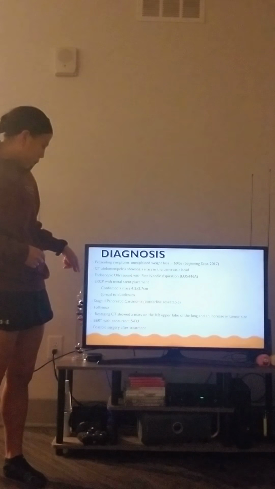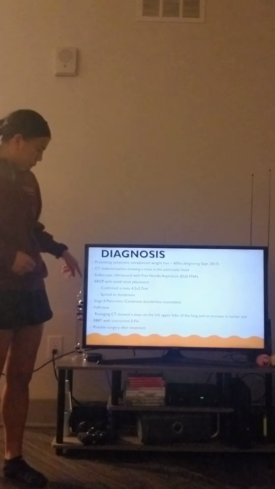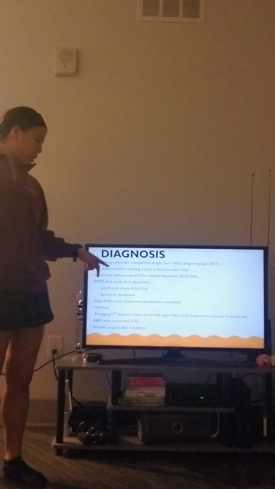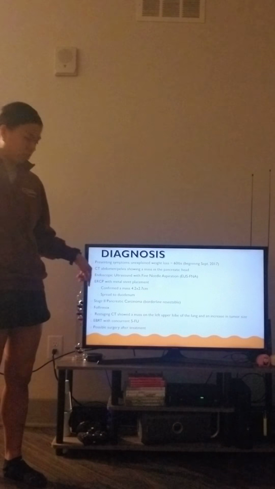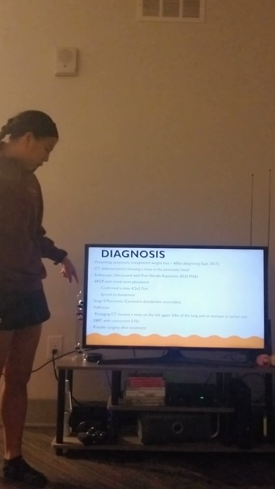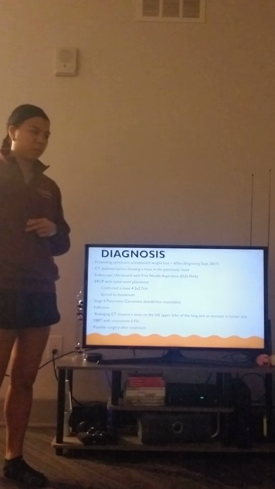Then he also had an ERCP with a metal stent placement. All these tests combined confirmed a mass that was 4.2 by 2.7 in the head of his pancreas, and there was a little bit of spread to his duodenum. He was diagnosed with stage 2 pancreatic carcinoma, and it was considered borderline resectable.